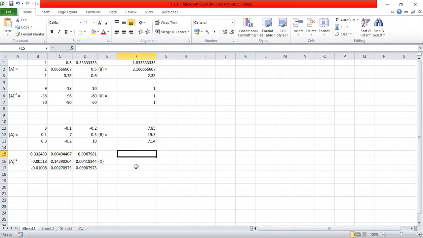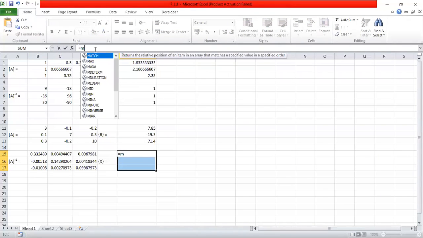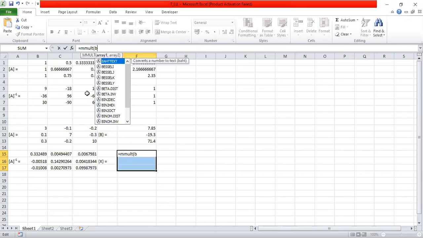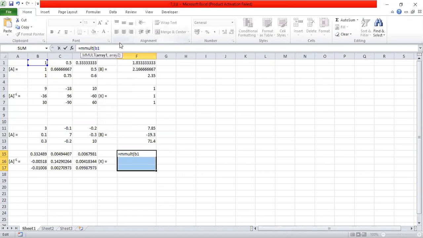Now to get your solution, you would highlight all the cells where you want your solution to be. Then you multiply your inverse and the B matrix. So is equal to, we use the MMULT function. So you are multiplying the A inverse, which is from B15 to D17.